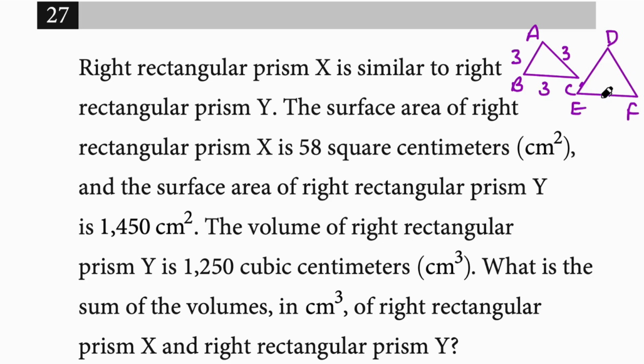Because it is dilated or bigger than ABC, every side will be multiplied by some constant, like 3 times 4 is 12. So every side is 12. Again, I'm saying it's not up to scale.